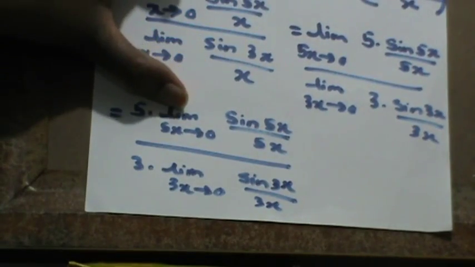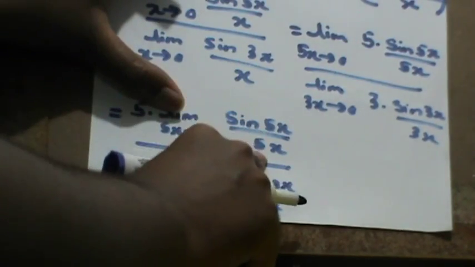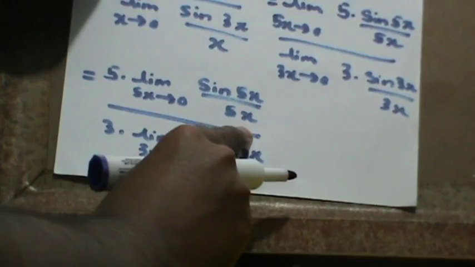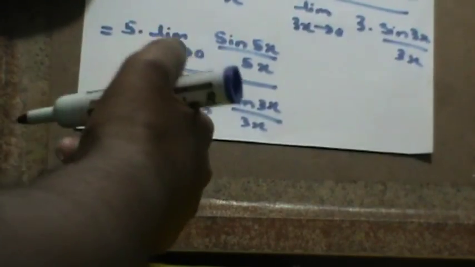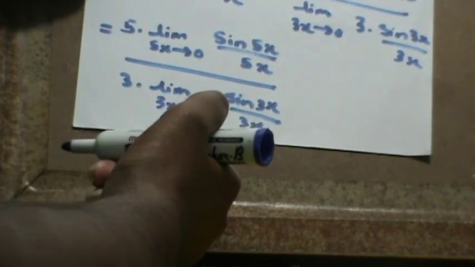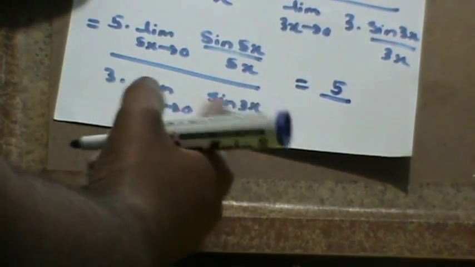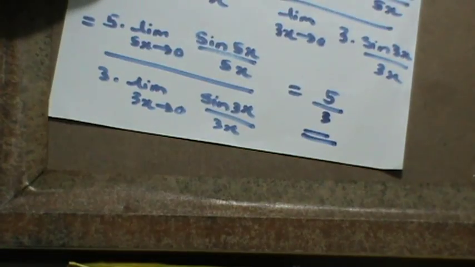When the limit of 5x goes to 0, sine 5x divided by 5x is this theorem, right? When the same angle goes to 0, the sine of that angle divided by the angle is equal to 1. And similarly here it should be 1. So 5 times 1 is 5, so the numerator is 5. And the denominator is 3 times 1, which is 3. So the solution to this example is 5 by 3.